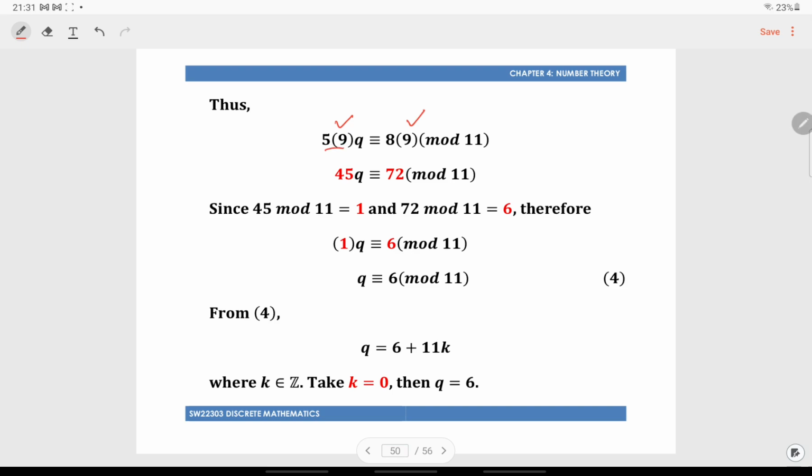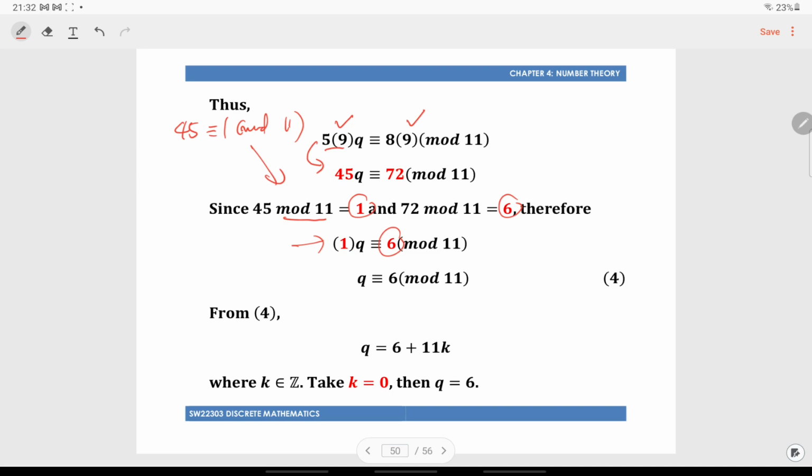So 5 times 9 times q is congruent to 8 times 9 mod 11. Because 5 times 9 equals 45 and 45 is congruent to 1 mod 11, we can substitute 45 with 1. Also, if you do the modulo reduction, 45 mod 11 equals 1, because 9 is the multiplicative inverse of 5.